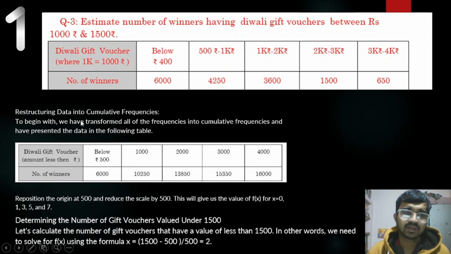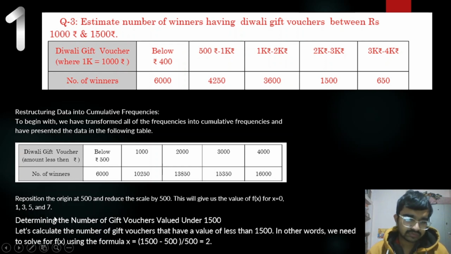To begin with, we have transformed all of the frequencies into cumulative frequencies and have presented the data in the following table. Then reposition the origin at 500 and reduce the scale by 500. This will give us the value of fx for x equals 0, 1, 3, 5 and 7.